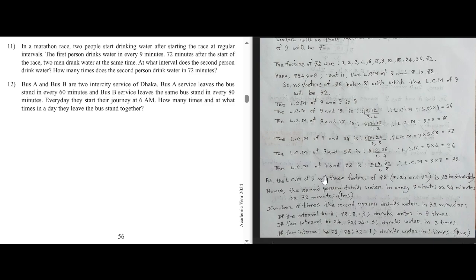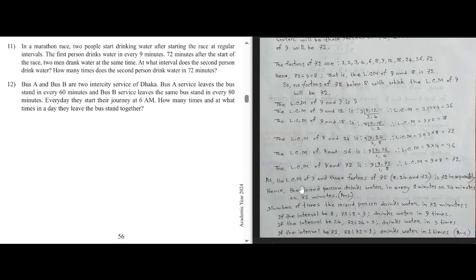And these three numbers form the LCM with 9 as 72. So these three numbers, 8, 24 and 72, will be the answer, or will be the interval for the second person to drink water.